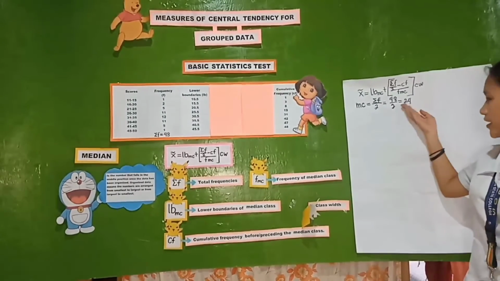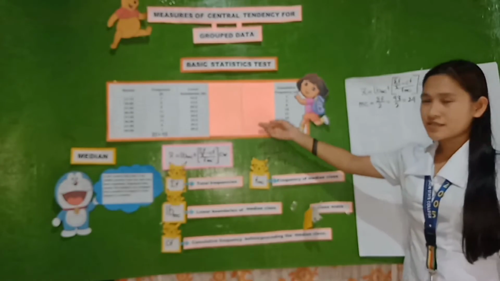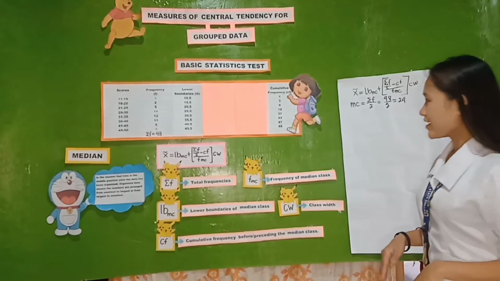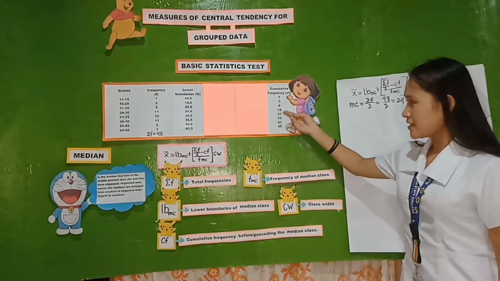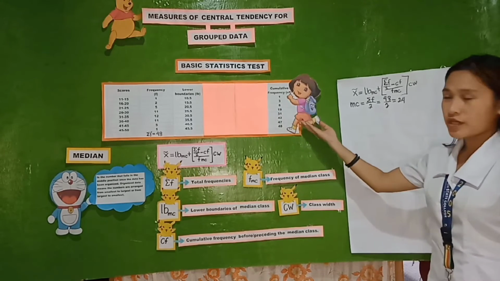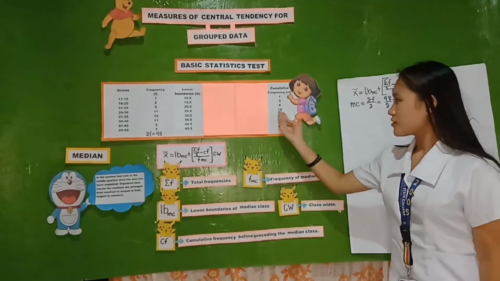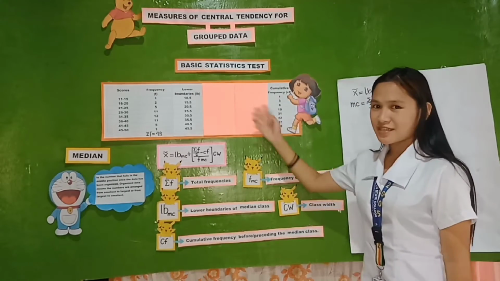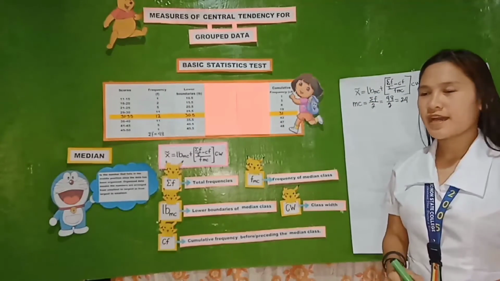So with 24 here we will see what would be the median class of this table. We can see here that 24 is in between 19 and 31. Since 19 is not enough to reach 24, 31 or this part is the median class. It is very important to find the median.